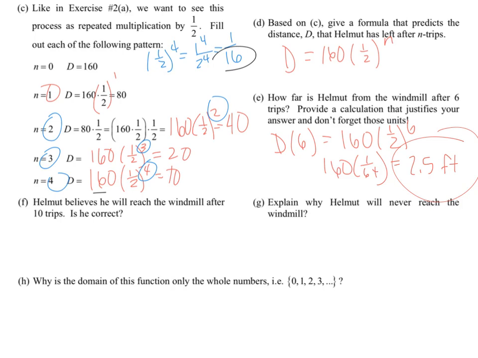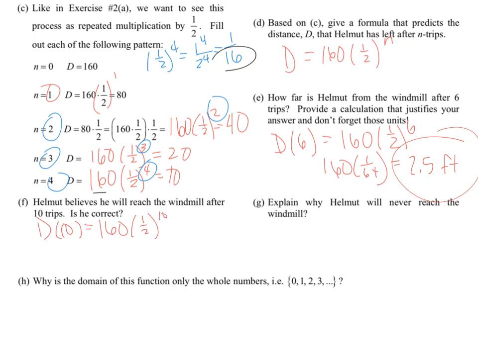So Helmut believes that he will reach the windmill after 10 trips. Is he correct? So what we're going to do is we're going to plug 10 in for the n and see if it's true. So is d of 10 going to be at least 0 or equal to 0? So 160 times 1 over 2 to the 10th power.